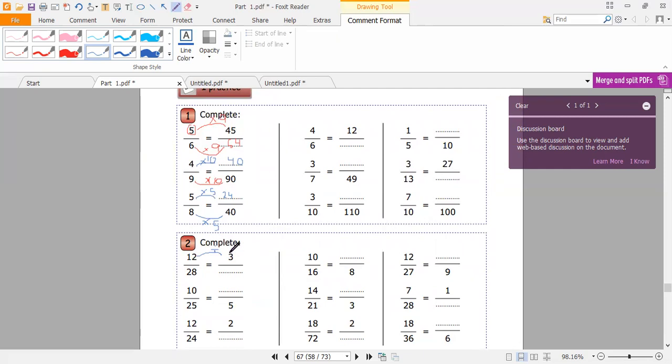So we look at 3. 3 times what equals 12? 3 times 4 equals 12. So 12 divided by 4, the quotient is 3. So I'm going to divide by 4.